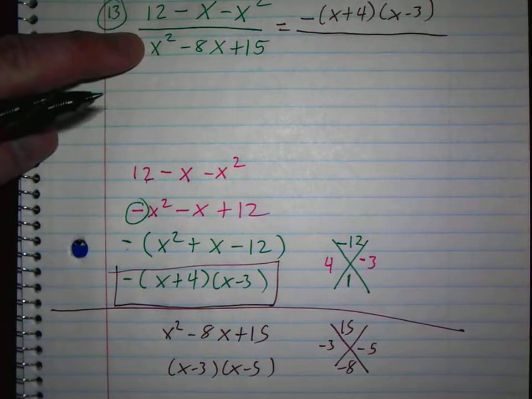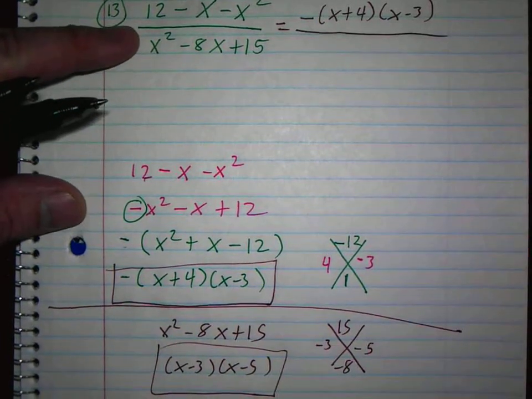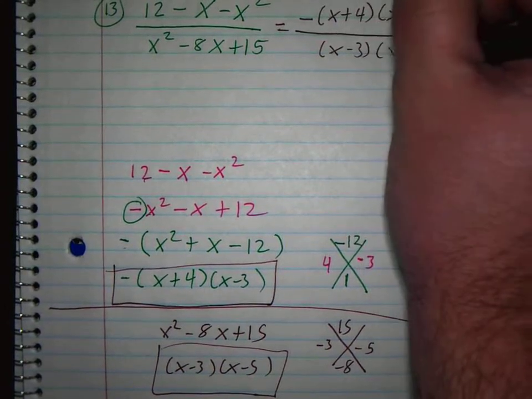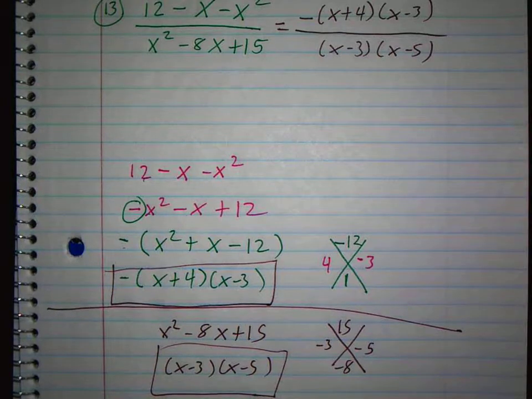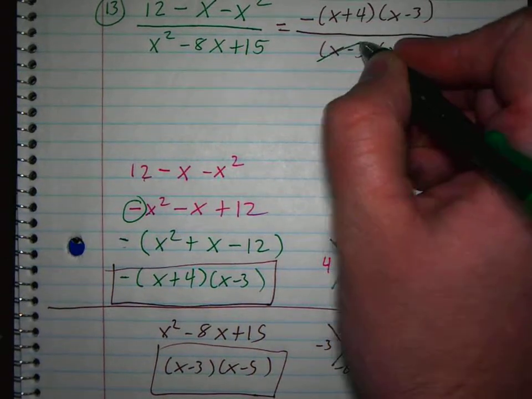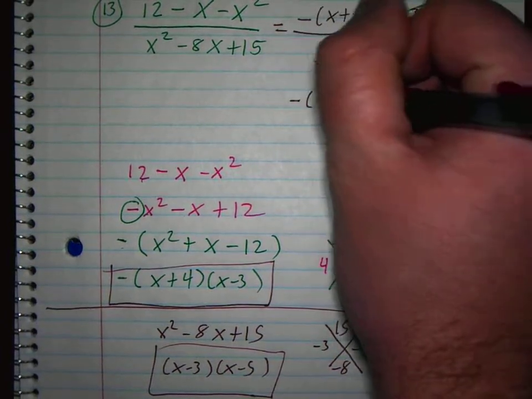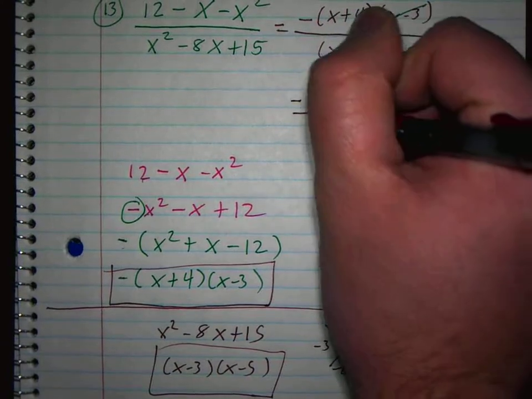And then x squared minus 8x plus 15 made x minus 3, x minus 5. Now what are the common factors? X minus 3, cancel them out. And so you're left with negative x plus 4 over x minus 5.